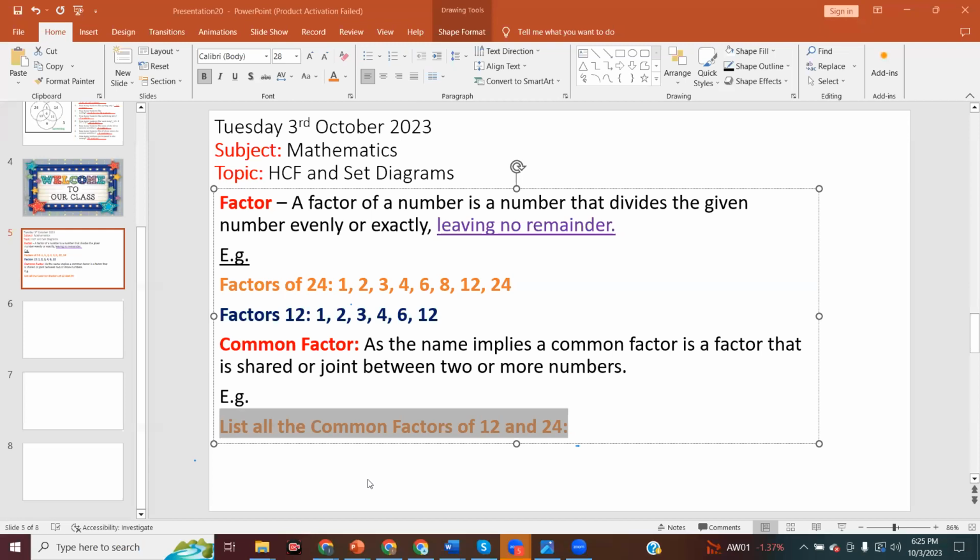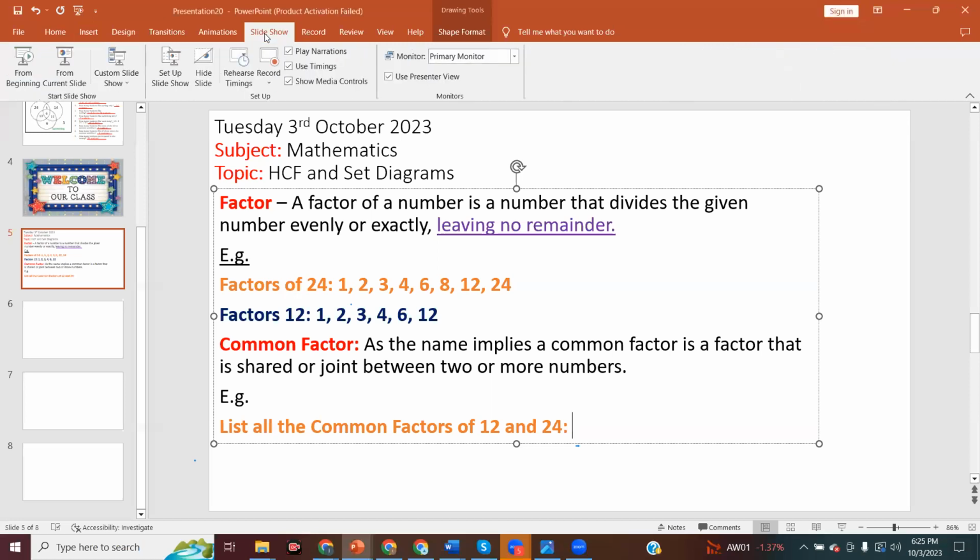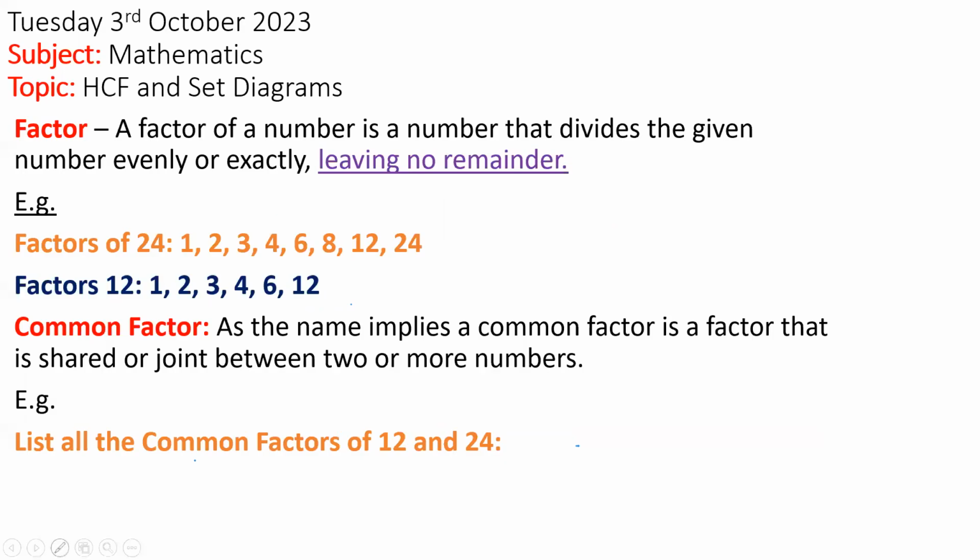Oh, okay. All right, so common factors. What are common factors of 12 and 24? Tell me, please. 1, 2, 3, 4, 6, and 12. Very good, because they are alike in both, right? We're looking at those that are common.